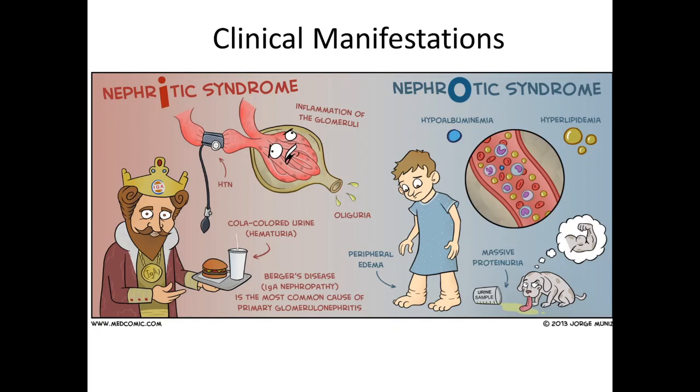Nephrotic syndrome, guys, comes with hypoalbuminemia and hyperlipidemia, and leads to massive proteinuria and peripheral edema. Heavy proteinuria, which develops in nephrotic syndrome, of course is characterized by increased glomerular permeability to plasma protein.